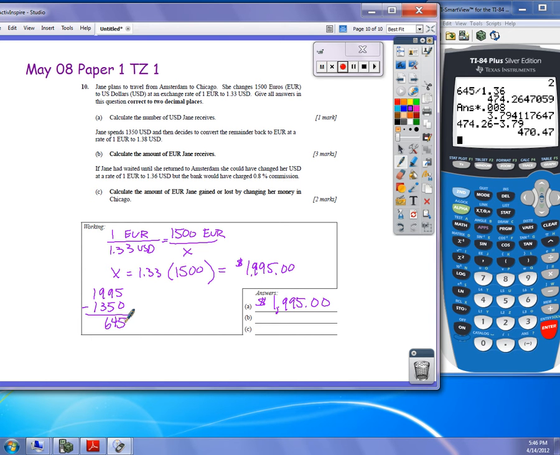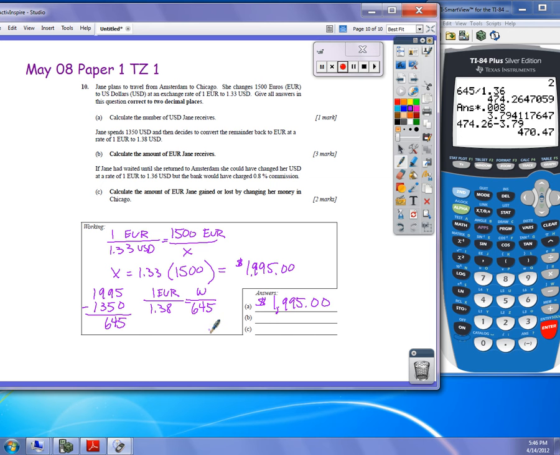This time she converts them at a different rate, so we'll set up that proportion, and that's 1 euro is $1.38, and we want to find out how many, I'll use a different variable, let's call that W. We want to find out how many euros she'll get when she's exchanging $645.